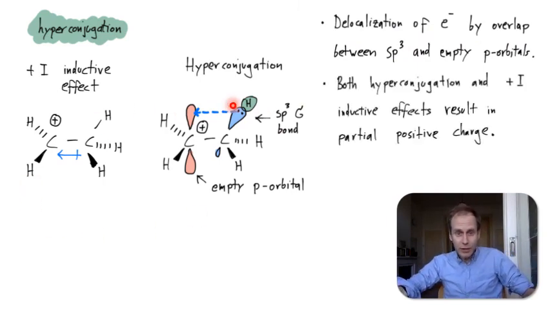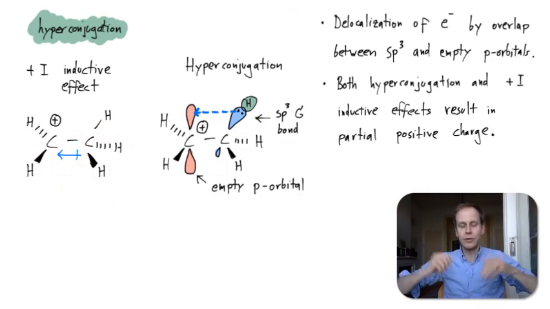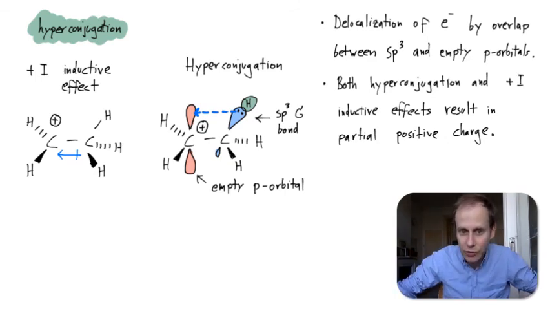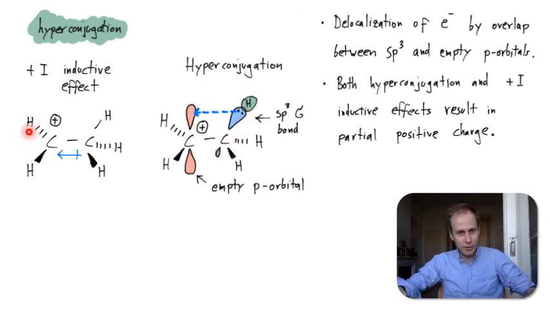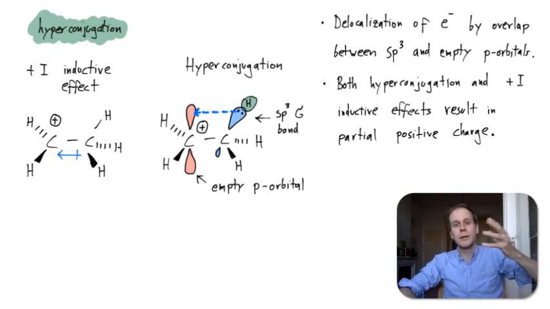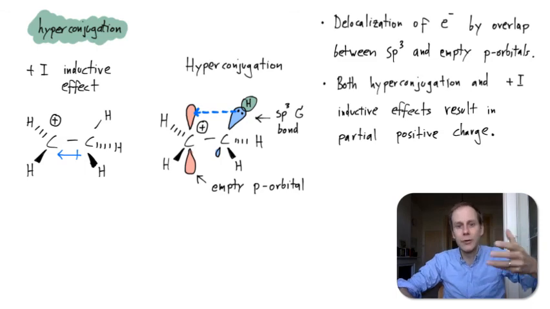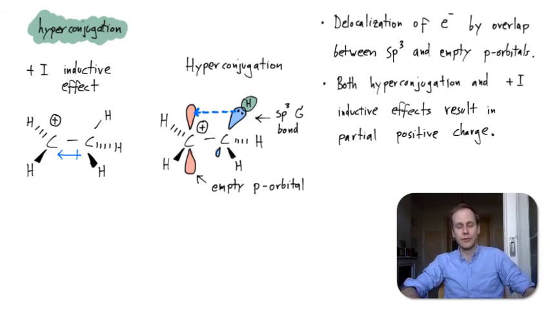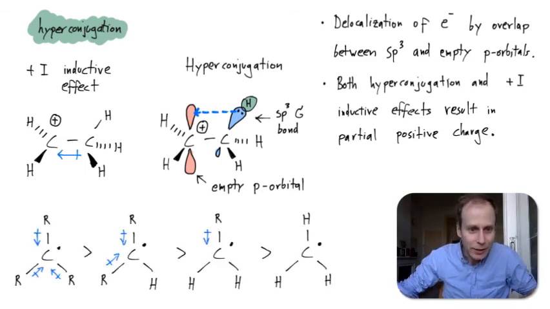So here now you have both hyperconjugation and a plus inductive effect, and together in conjunction they stabilize this carbocation. So remember, the hydrogen as a functional group doesn't have this sp3 orbital, so it doesn't provide this additional hyperconjugation. That's why methyl groups are better plus I groups than hydrogens. So it's the same thing.